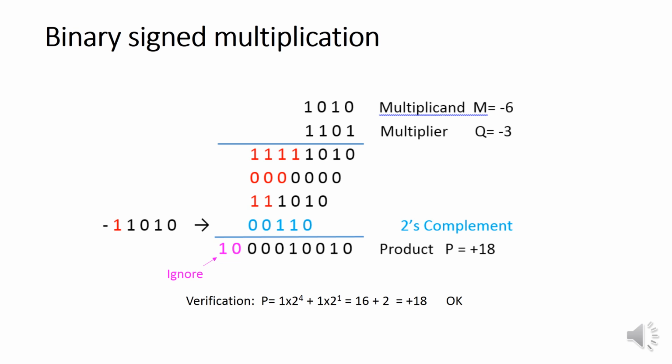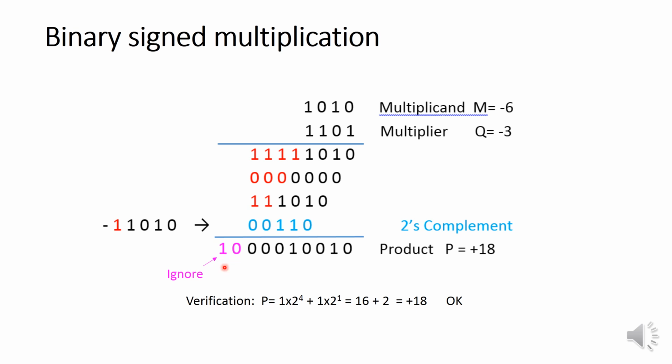In summary, the trick of the method is that when the sign bit of the multiplier is 1, then we have to take the 2's complement of the last partial product. So, in this case, once we have sign extended all the partial products, we replace the last one by its 2's complement, and then we make the sum as usual.